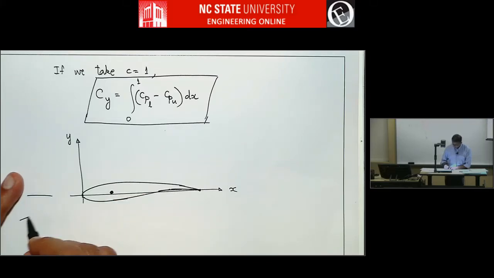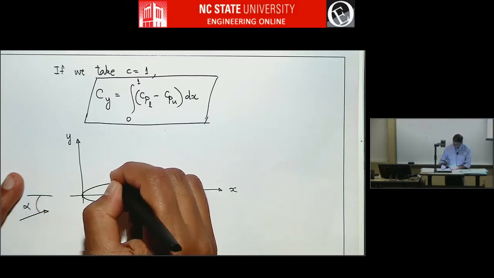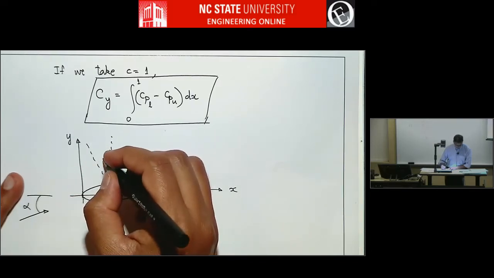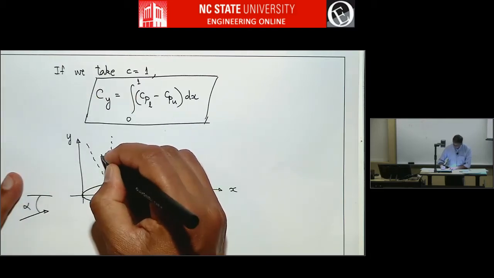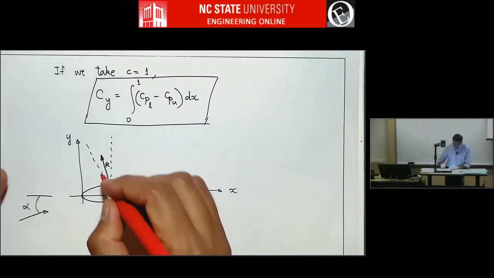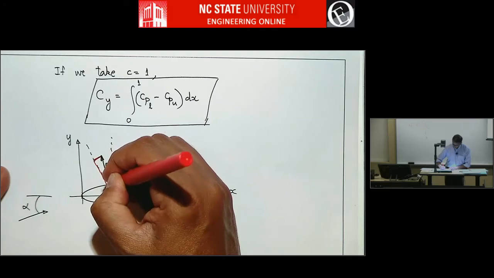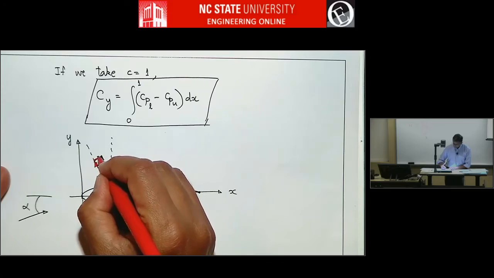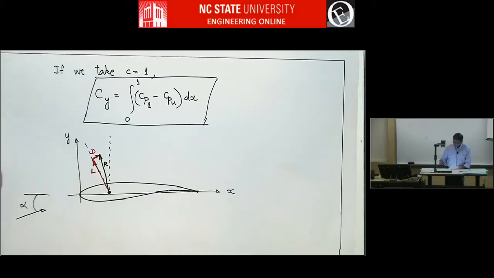Okay, so I'm going to draw V infinity at some angle, and I'll draw a resultant force like this. So this is resultant force R, and I'll draw lift and drag as the components perpendicular and parallel to V infinity. That's how they are defined, right? So this is lift, this is drag. And this is all per unit span.